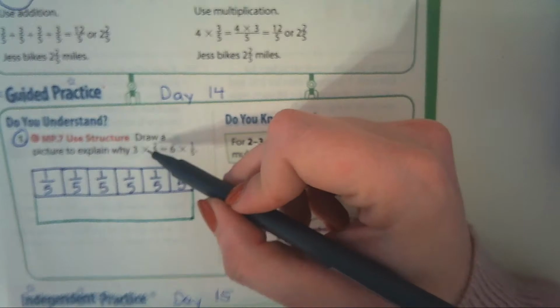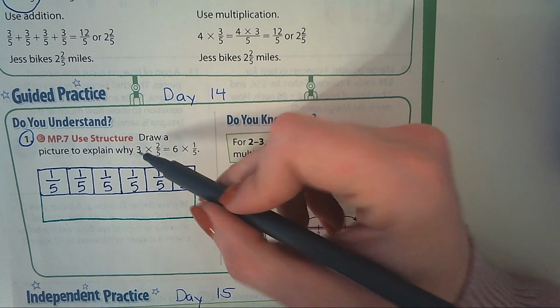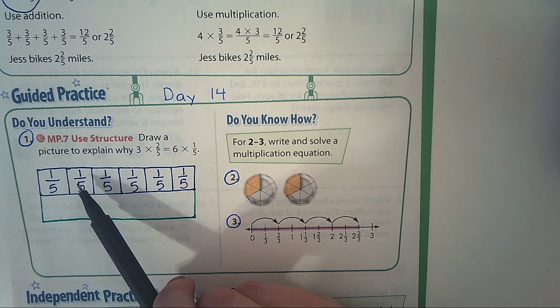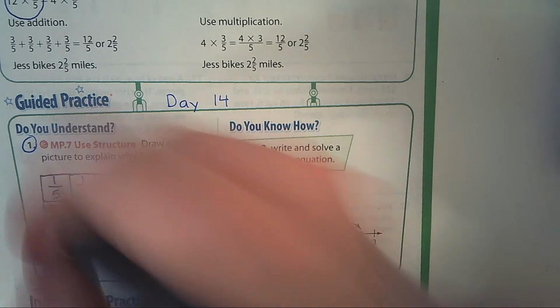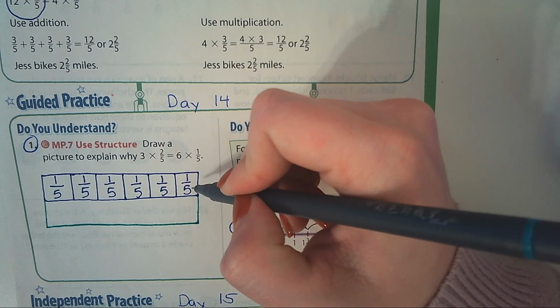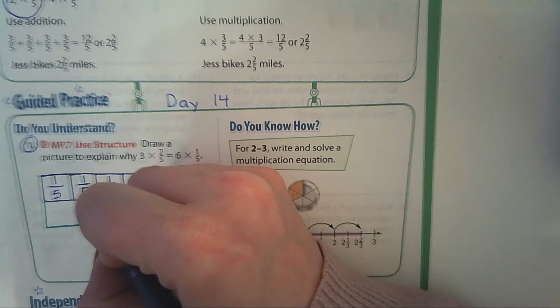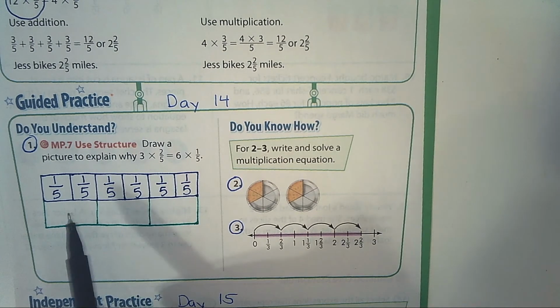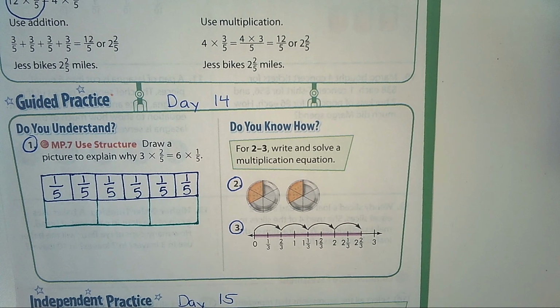For 3 times 2/5, we need to have 3 sections. Use your top bar to line it up, because if I broke this apart into thirds, the lines would match up here and here to give us 1, 2, 3 sections.